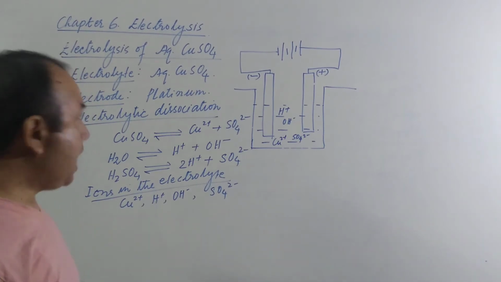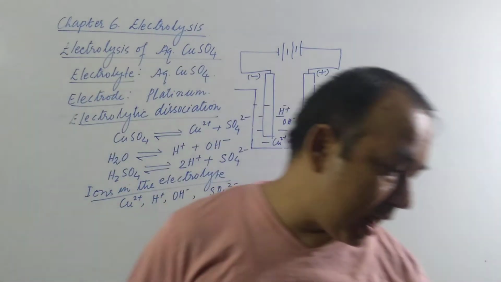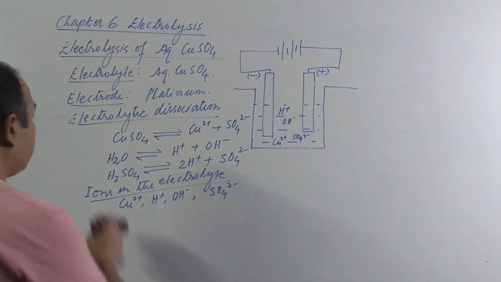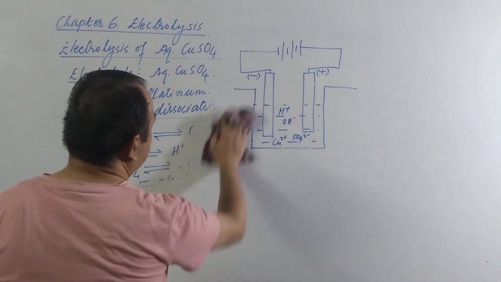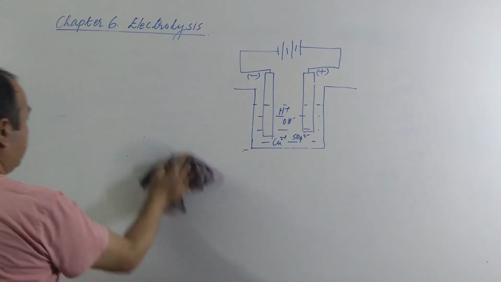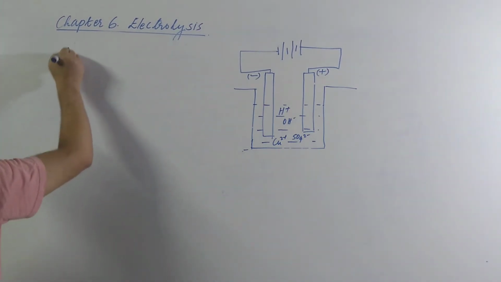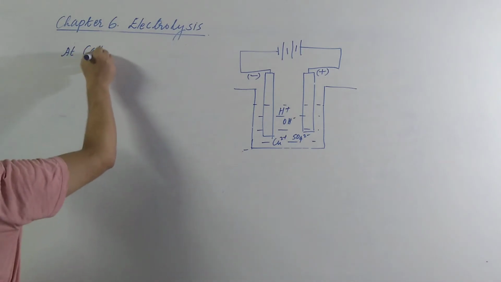Now, after this, we'll discuss the cathodic reaction and anodic reaction. First, the cathodic reaction, that is, what happens at the cathode?